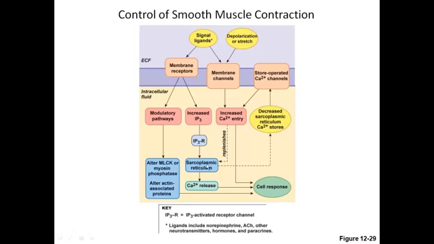Okay, so these receptors are on the sarcoplasmic reticulum and they allow for calcium to be released. So this means that calcium stores from the sarcoplasmic reticulum release calcium into the sarcoplasm. So the cell response in this case is going to be contraction of that smooth muscle cell because we've got an increase in free cytosolic calcium in the smooth muscle cell.